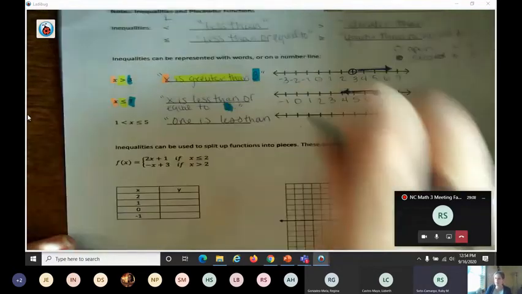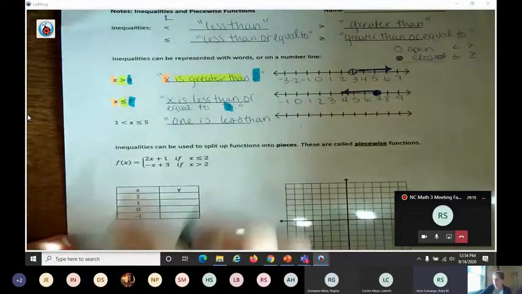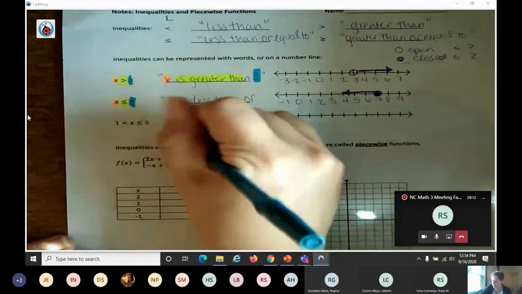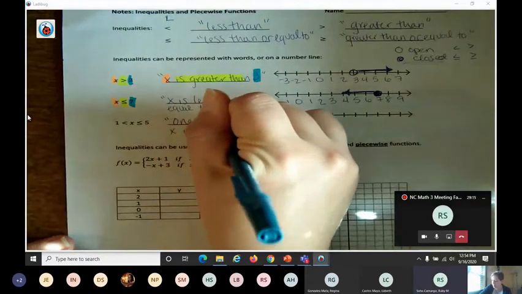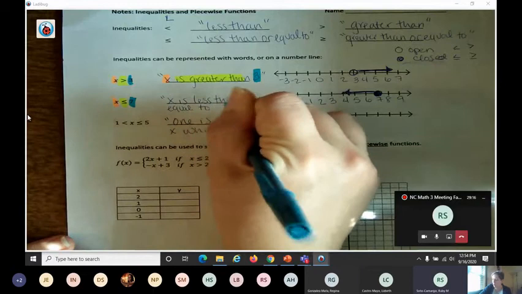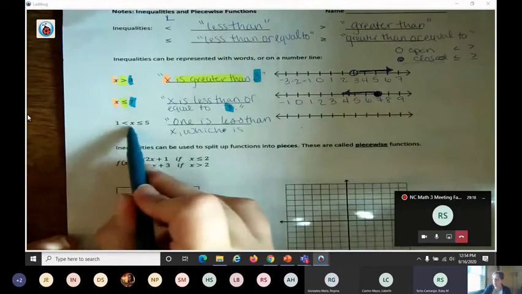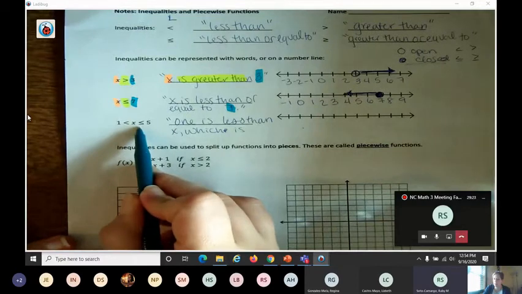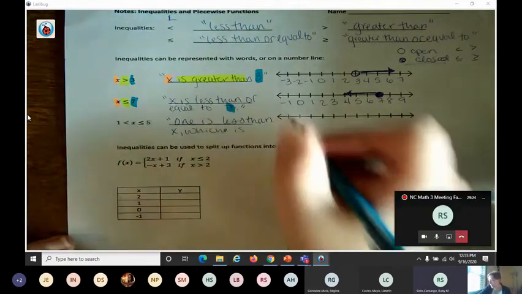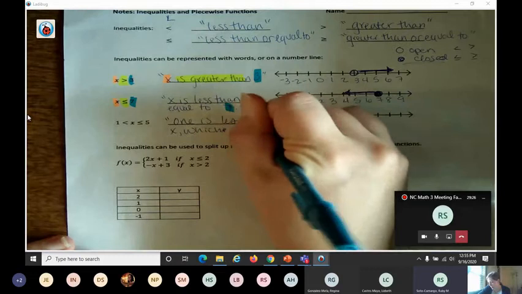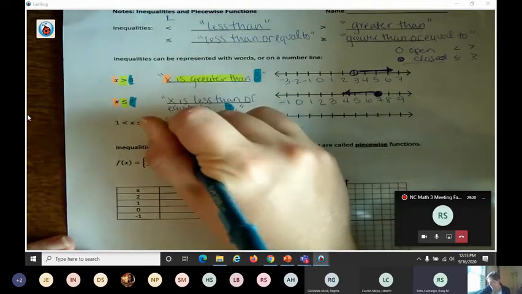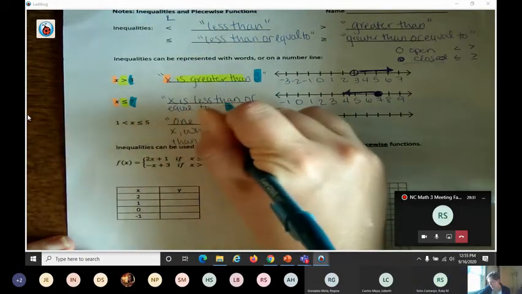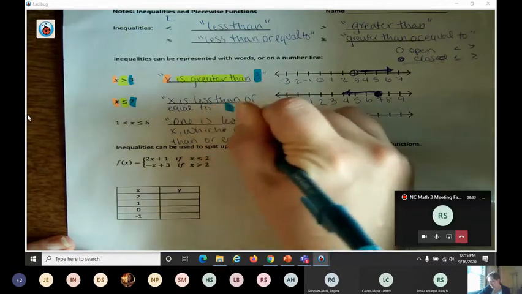One is less than x, which is less than or equal to 5. Perfect. Yes. Less than or equal to 5.